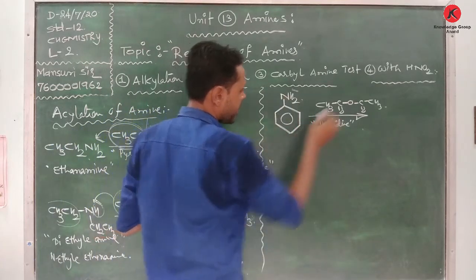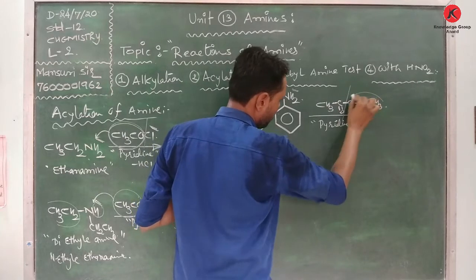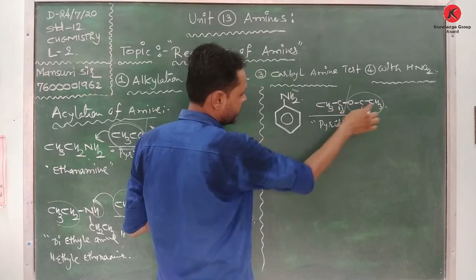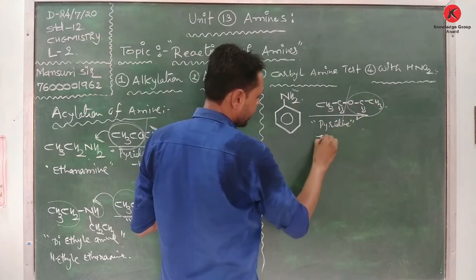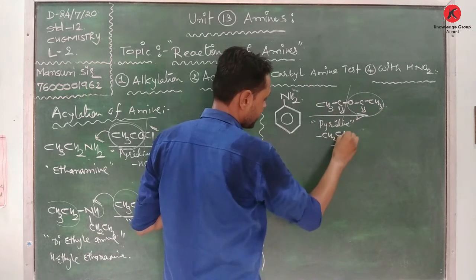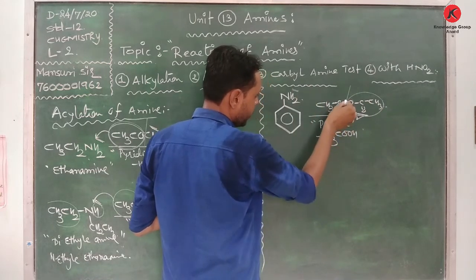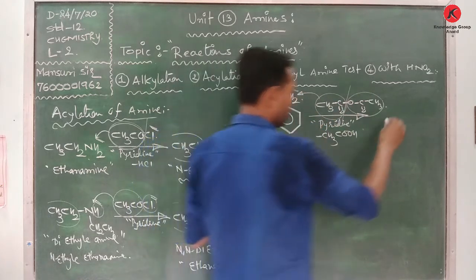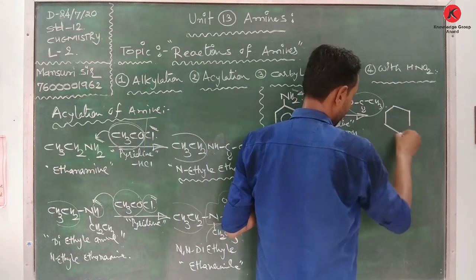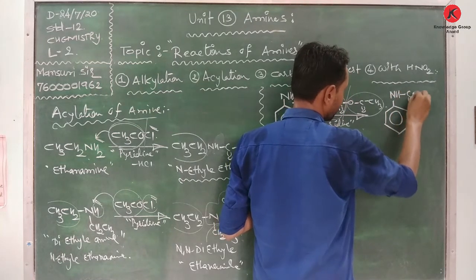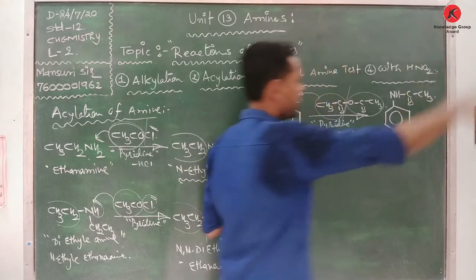Then H and this group. Now hydrogen will be removed with this group, so it will make acetic acid, CH3COOH. So this group will be attached to the nitrogen, and this compound is obtained, NHCOCH3.